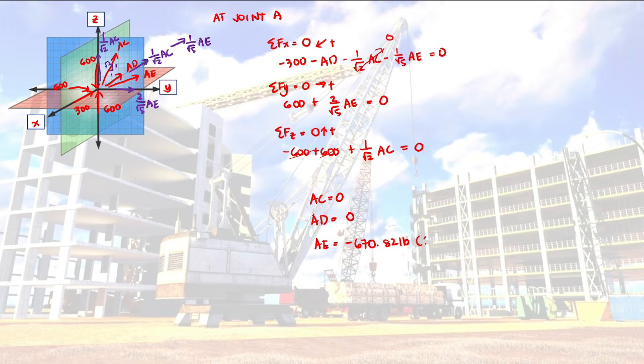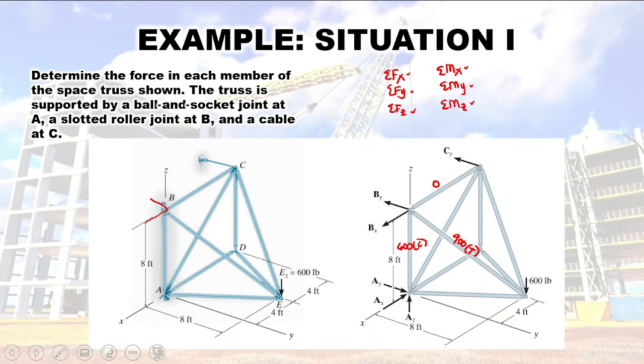So negative, it is in compression. So in summary, let's place it here. Ang AC natin, this is 0. Our AD also is equal to 0. Then this one is 670.82. So it is in compression. Kasi nga, it is negative, so compression.